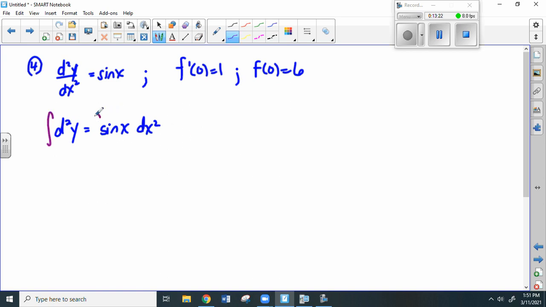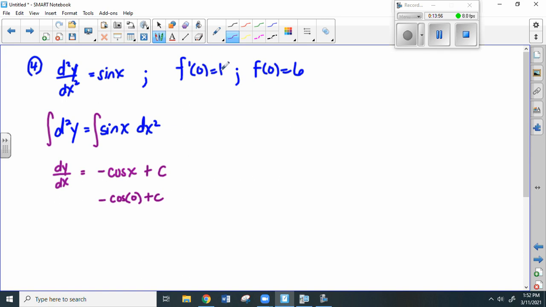Then we are going to integrate. All right, and I'm gonna go ahead and put my dx, because I know I'm gonna end up moving it back to make it dy over dx. And then I just have to remember the integral of sine. The integral of sine is negative cosine of x plus c. And then as long as you understand that this represents f prime of x, I'm going to plug in 0 for x.